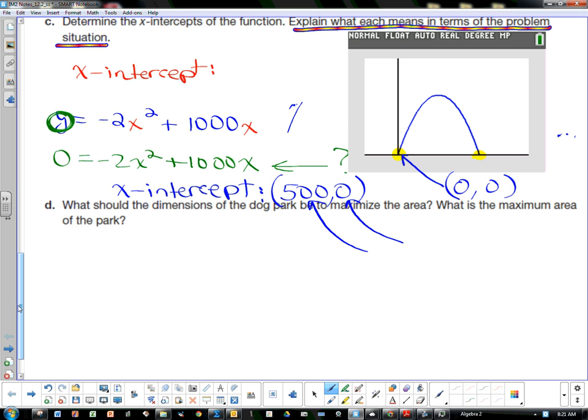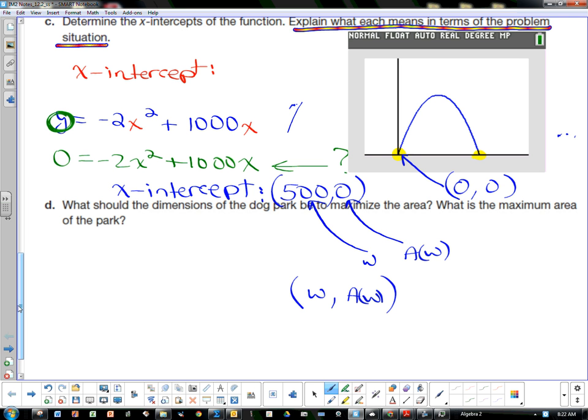I know that they are x, comma, y, but in this problem, what variables are they? Yes, Lucas? The width and length. The width, no. The width and the? Area. The width and the area. These points are in the form w, comma, A of w. Yes? Was it the width is 500 or 0, but the area will be 0?